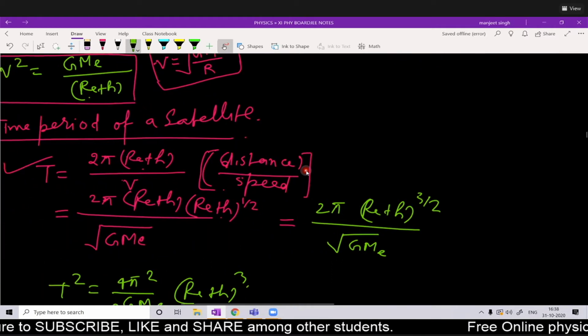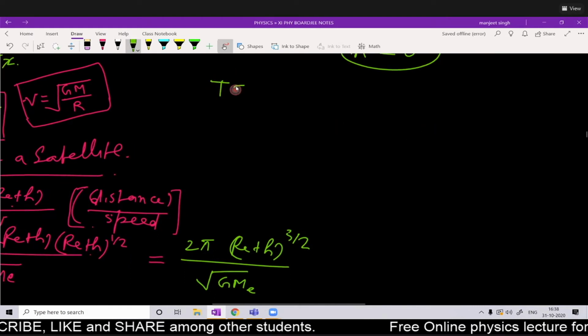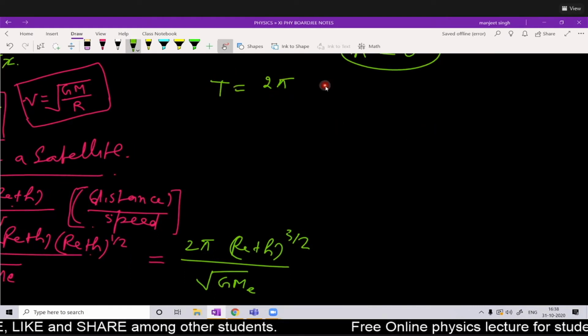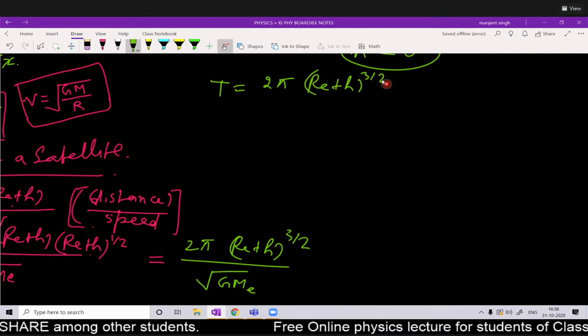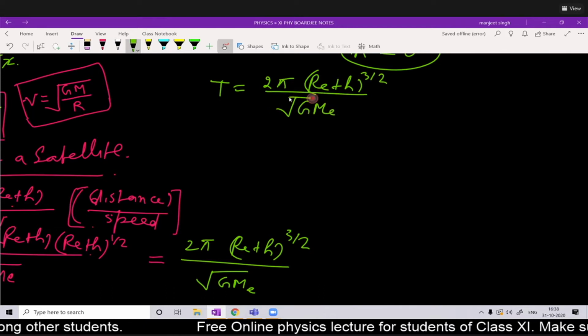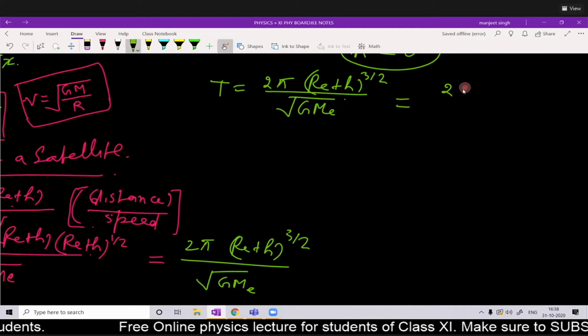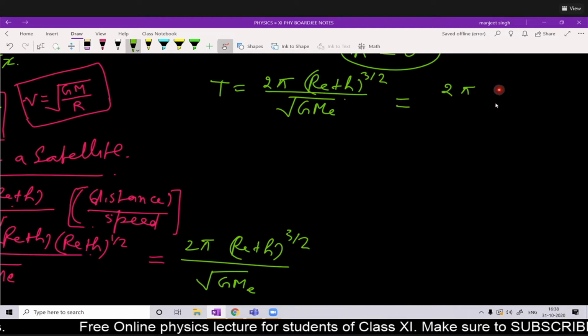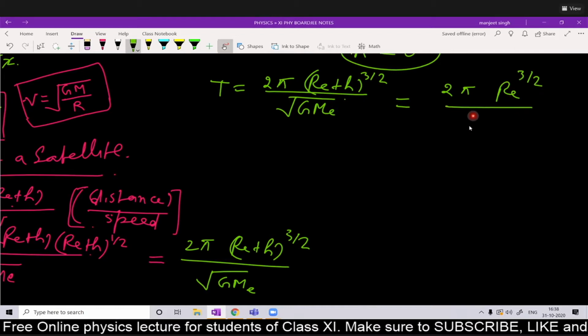What is our time period? Time period is 2 pi (Re plus H) to the power 3 by 2 divided by under root GME. Now in this expression put H equal to 0. So T is equal to 2 pi RE to the power 3 by 2 divided by under root GM.